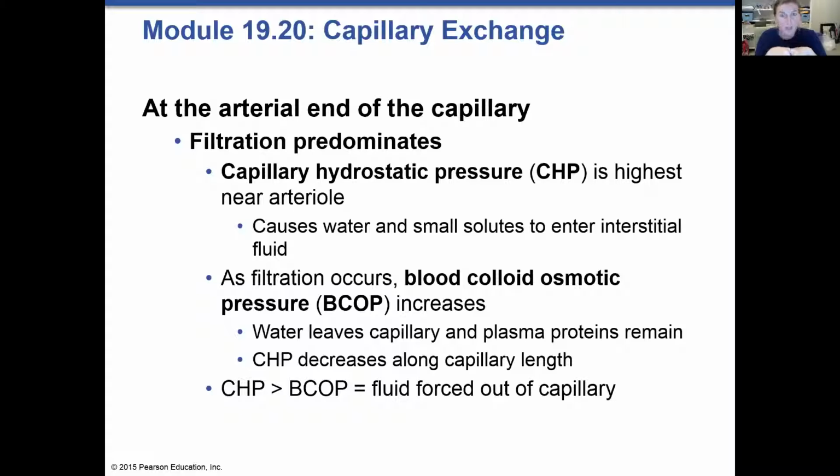Capillary hydrostatic pressure pushes stuff out of the blood, right? So on the arterial side of our capillary, you have the majority of filtration happening. The majority of stuff is getting kicked out of the capillary at and near the arterial side.